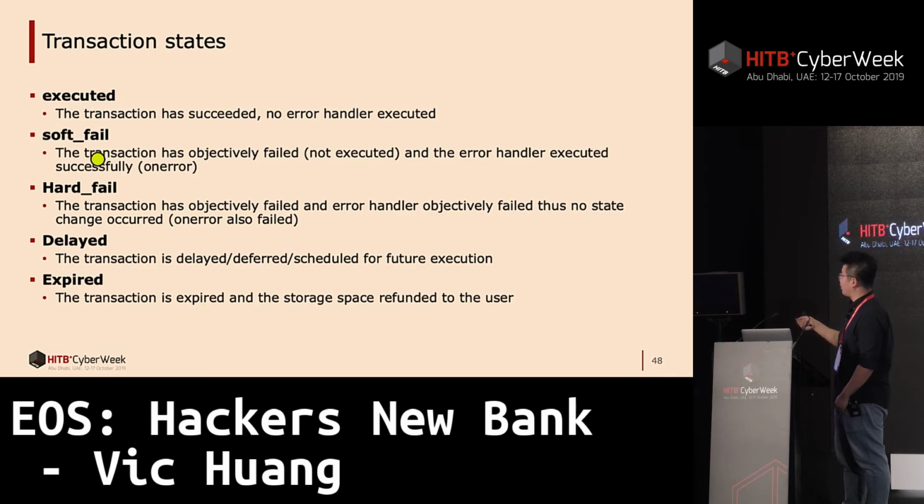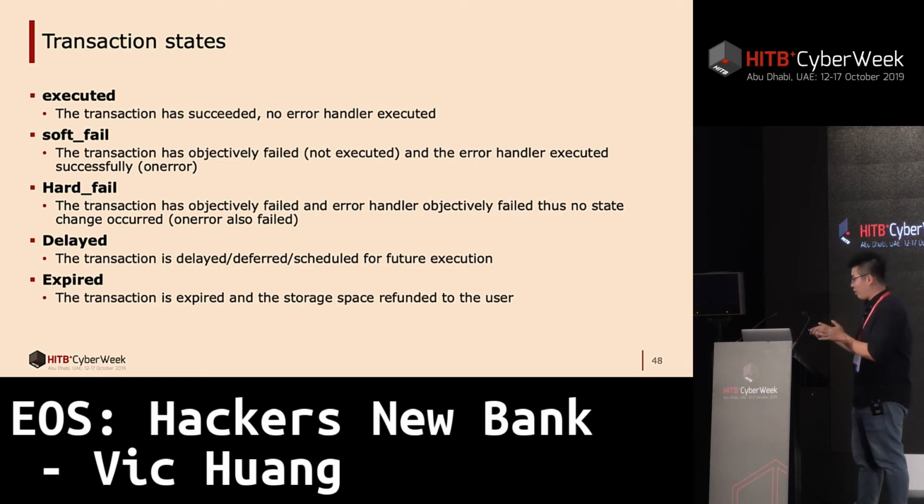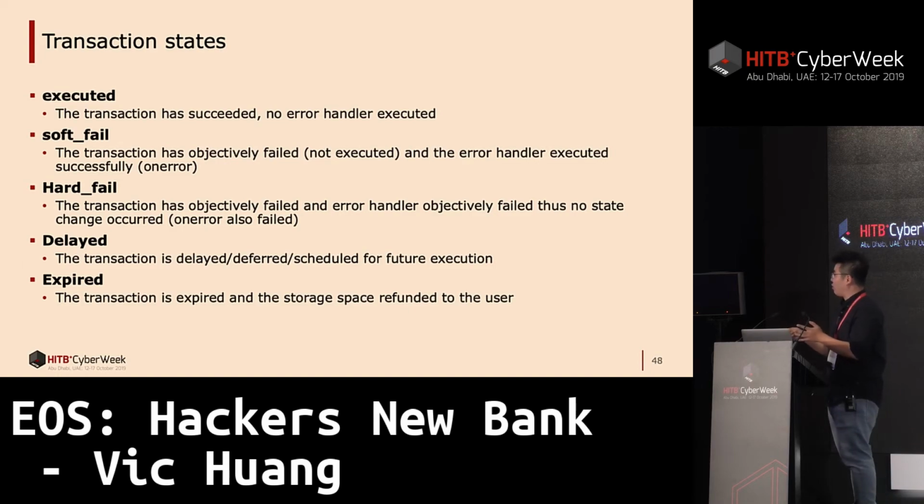First is the soft fail. A soft fail is when the logic in your code doesn't pass, so it causes an error. This is the way we used in the attack we mentioned before: we force it, while 1 is not equal to 1, to cause a soft fail.